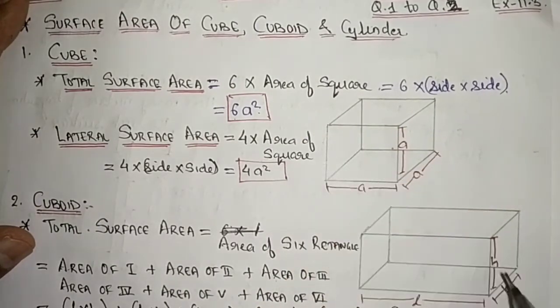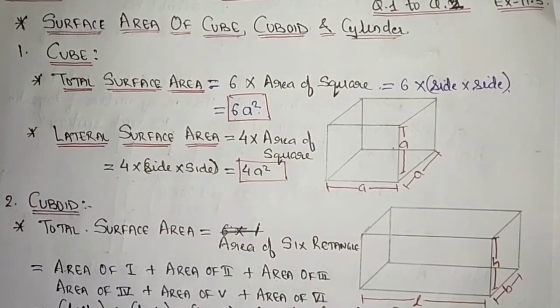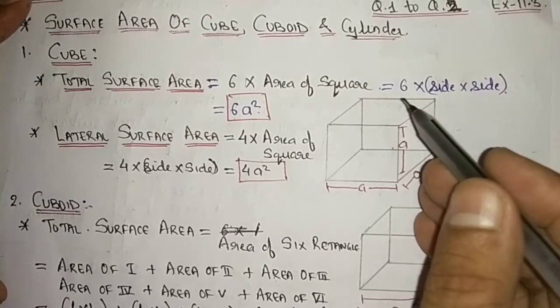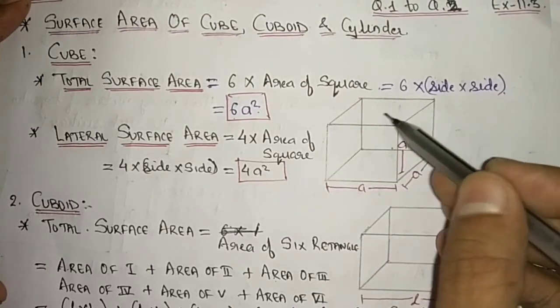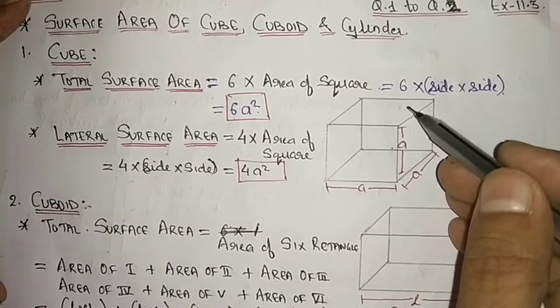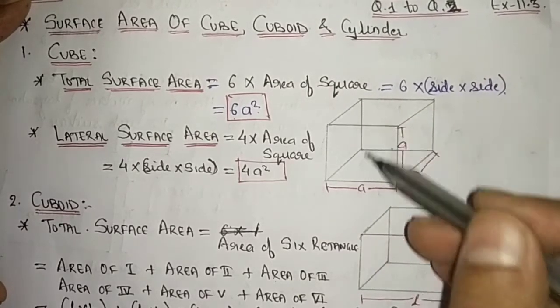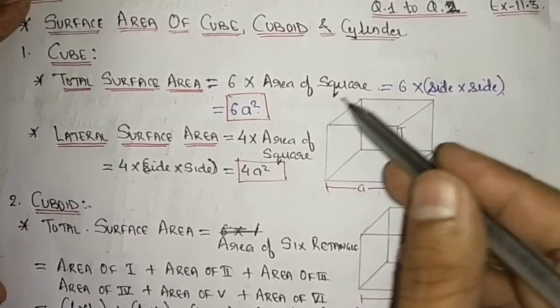Let us move further. Next is lateral surface area. Lateral surface area, students, means the 4 walls except the top surface and the bottom surface. If I remove the top surface and the bottom surface, I am left with the 4 walls.